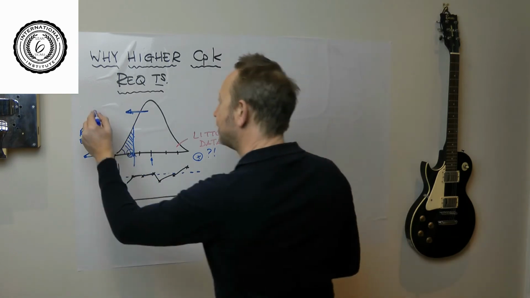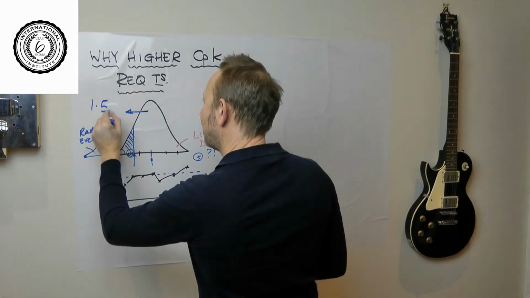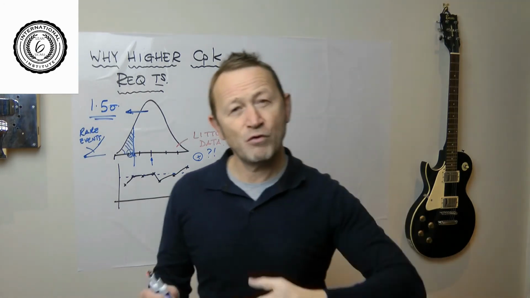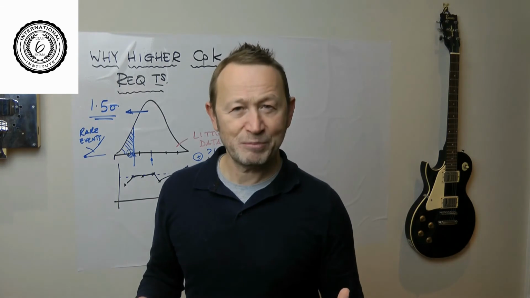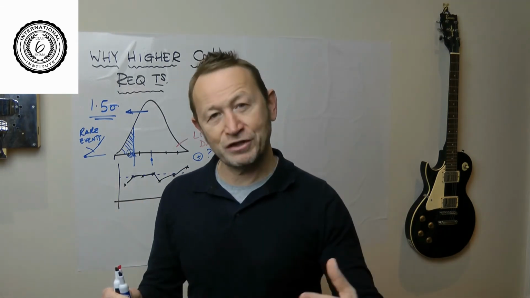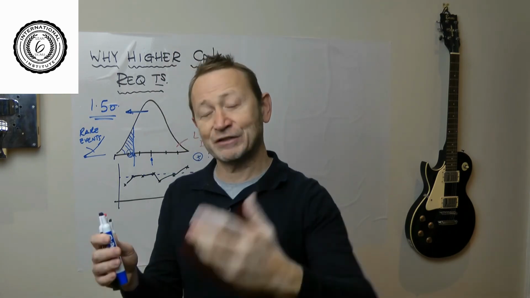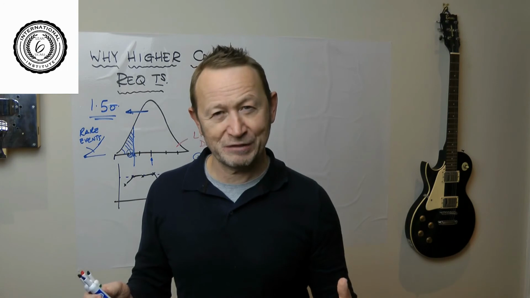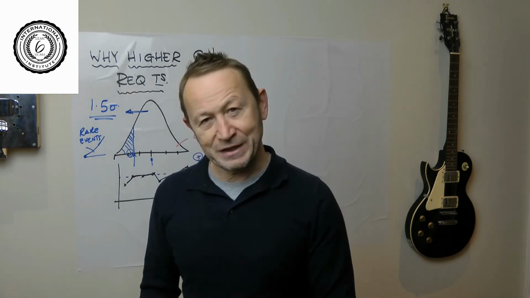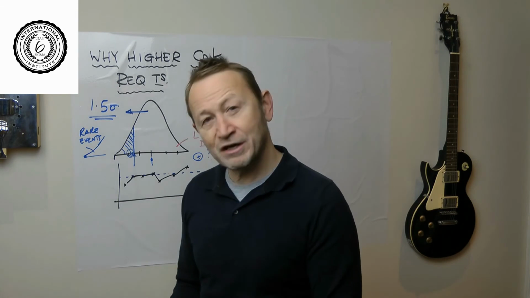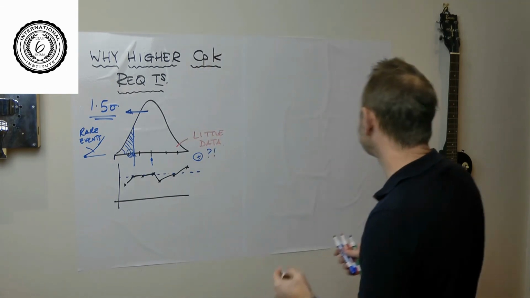So the idea is that the process has to move by 1.5 sigma before you would actually see it with some clarity. Now, if we think about that in relation to the 1.33, 1.67, or even asking for a CPK of 2, which is of course up at the 6 sigma level, what does that mean? Well, let's draw some diagrams of those three scenarios.